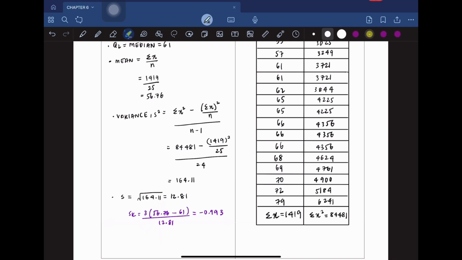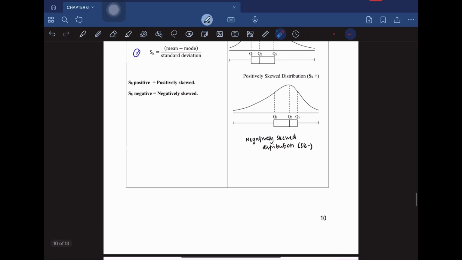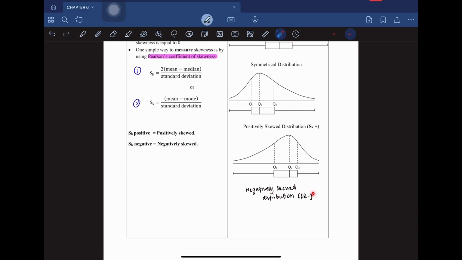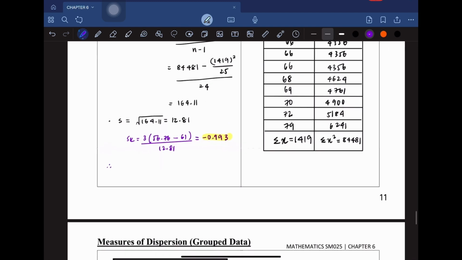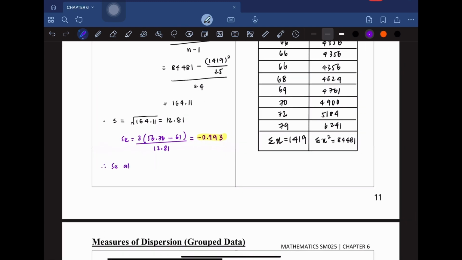Okay, so when we get a negative value for the skewness, meaning that our data is negatively skewed, because we get a negative value for the SK. So you can conclude that the SK also shows that the distribution is negatively skewed.